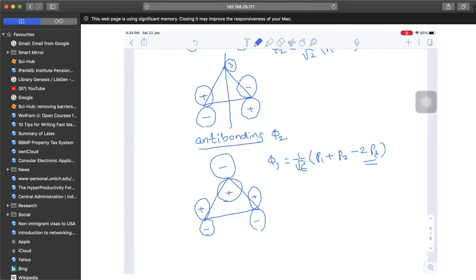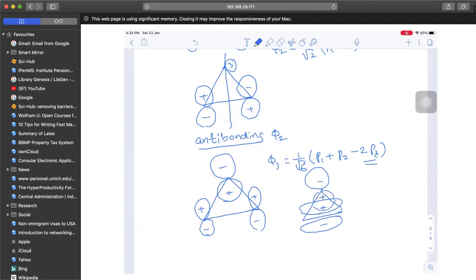If you wanted a slightly better picture, it is rather difficult to draw, but this is probably a better way of drawing the molecular orbital. I hope this is understandable.